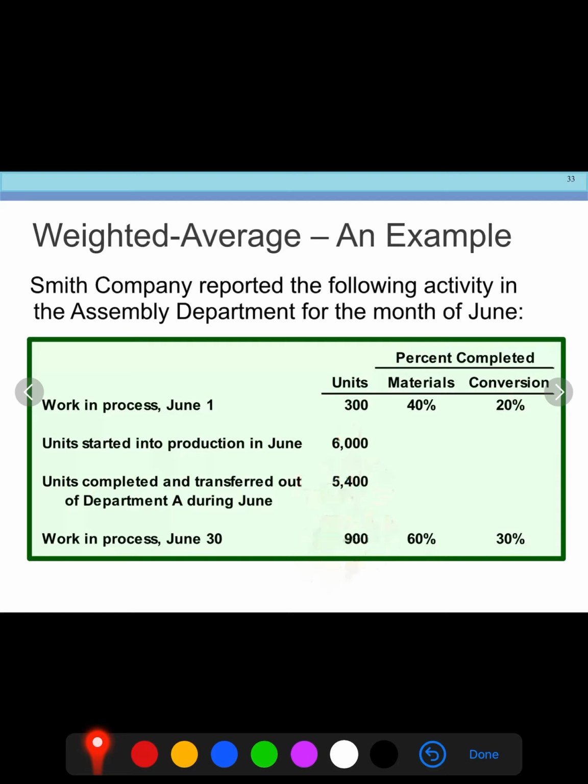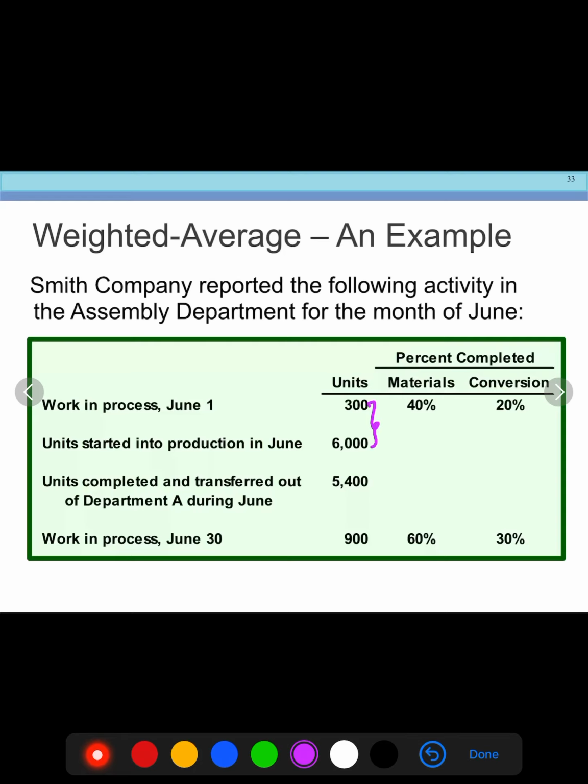If we will have a recall on the system's flow or the flow of your product, we have identified earlier that there are units to account for and units as accounted for. Okay? So in this case, the units to account for is the beginning and the units started.